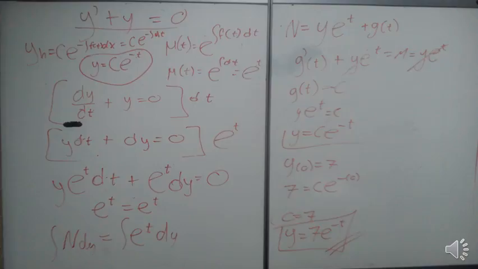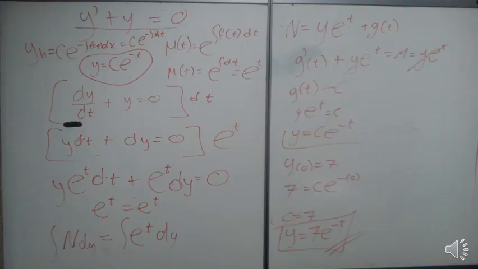Those y e to the power of t cancel, so g of t equals minus c. We apply that to y e to the t plus g of t, so now we have y e to the t equals c, and y equals c e to the power of minus t.